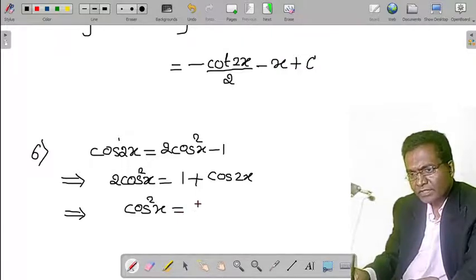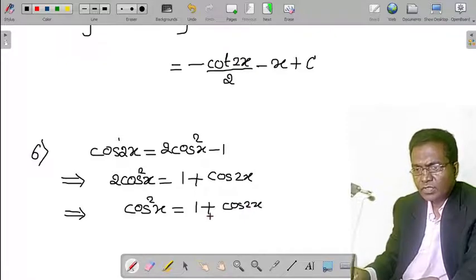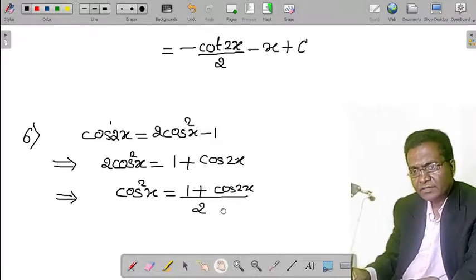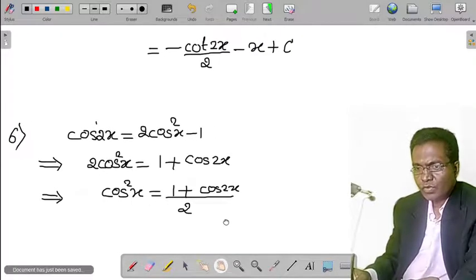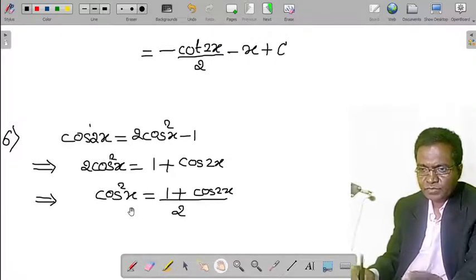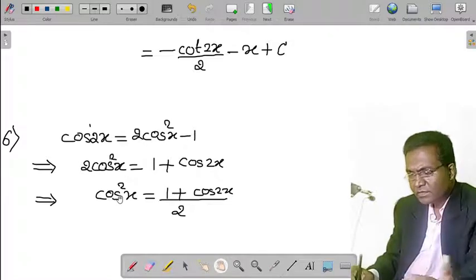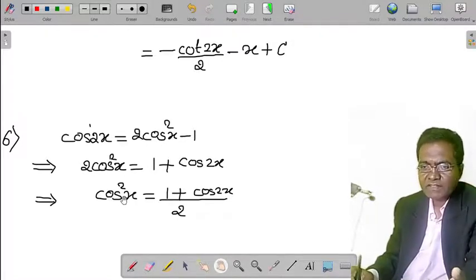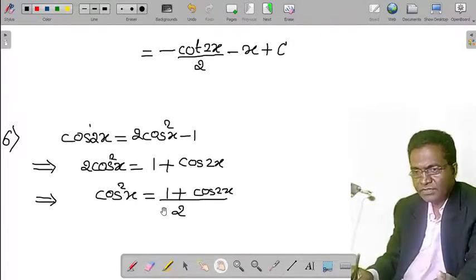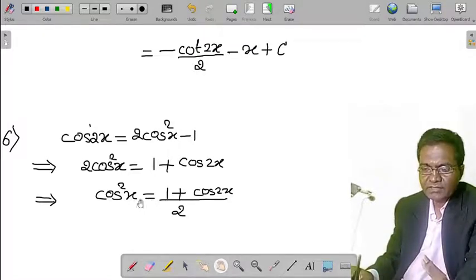So this gives you cos square x equals 1 plus cos 2x by 2. See here. If you want to convert cos square into a sum of two terms without square, then you can make use of it.